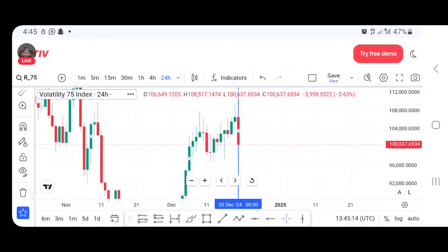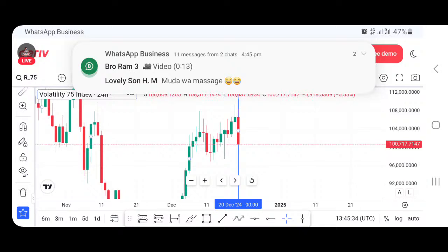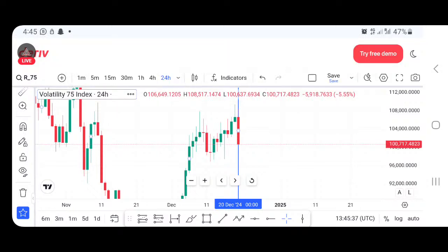And big tip here, guys, you use this strategy in the morning starting at exactly 8 a.m., because the market will open at around 9 a.m. So at 7 you wake up, you prepare yourself.